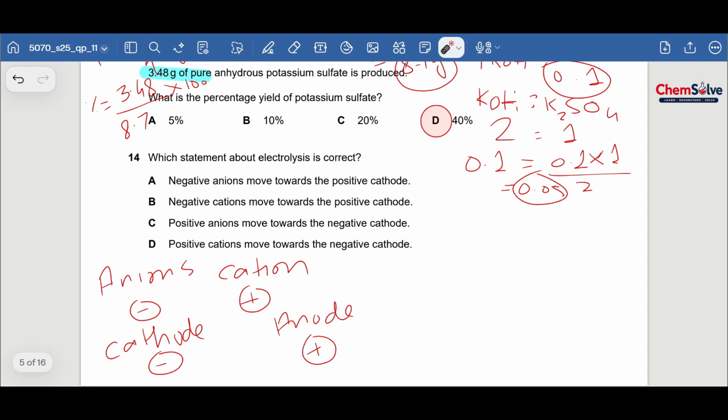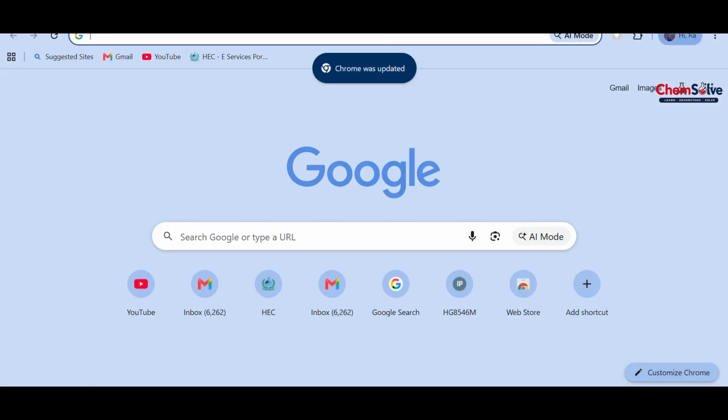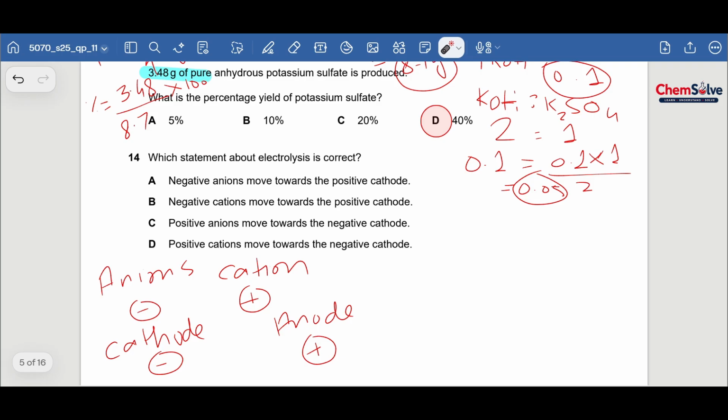So from this discussion you can get an idea that opposites attract each other. So anions, which are negatively charged, will move towards the anode and cations will move towards the cathode.